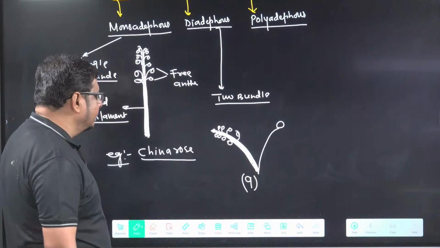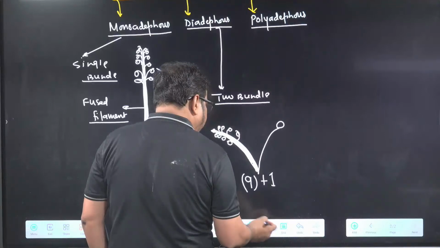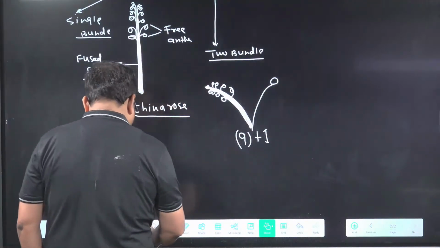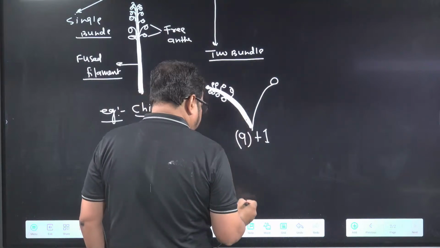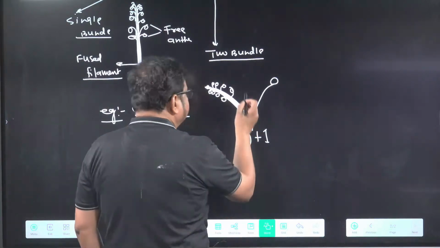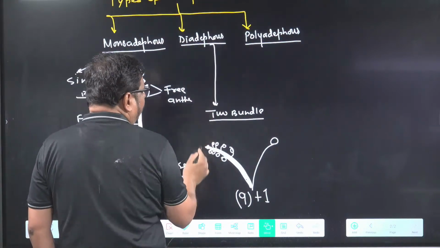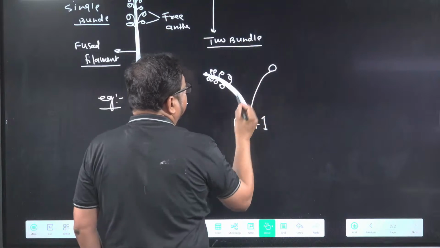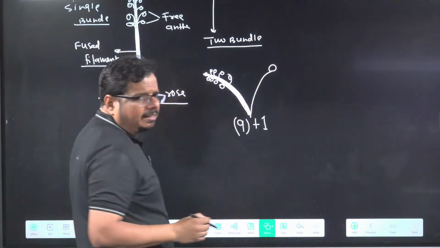So we write under the bracket 9, and 1 is free. So it is called the 9 plus 1 arrangement, and it is called the diadelphous condition. 2 bundles are there. Getting the idea or not? How many bundles are there? 2 bundles. Clear in the mind?